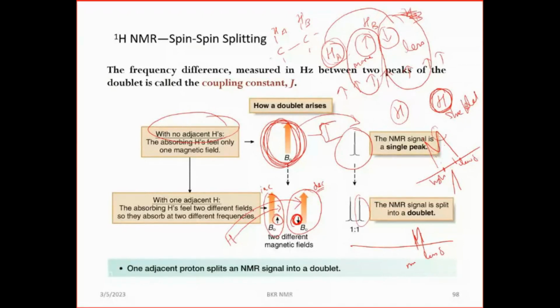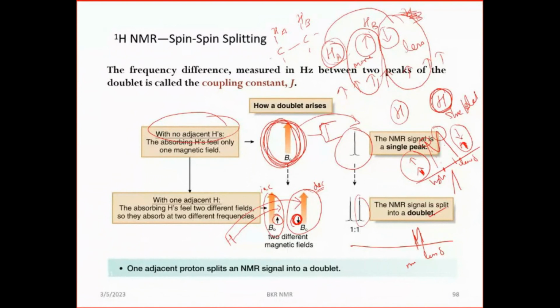In that, B proton external field ஓட oppose ஆகுது. In that, B proton external field ஓட align ஆகுது. So I'm experiencing two different environments. One is shielding environment, the other one is de-shielding environment. So that is why I'll be split into a doublet.